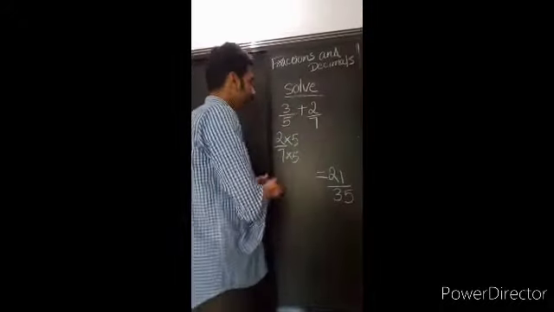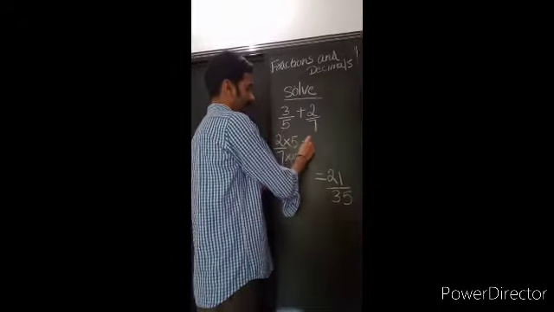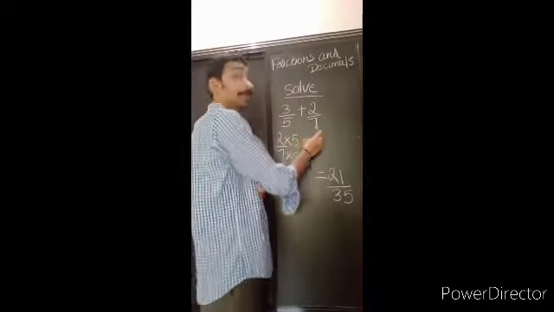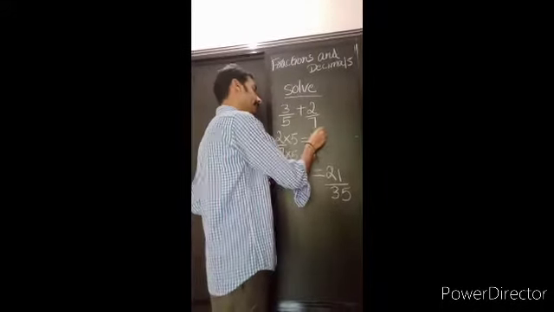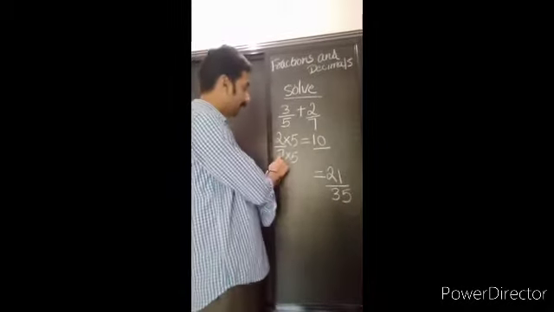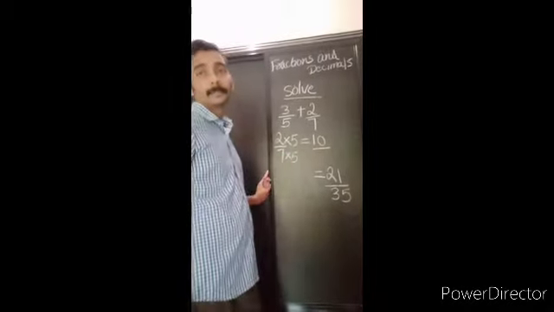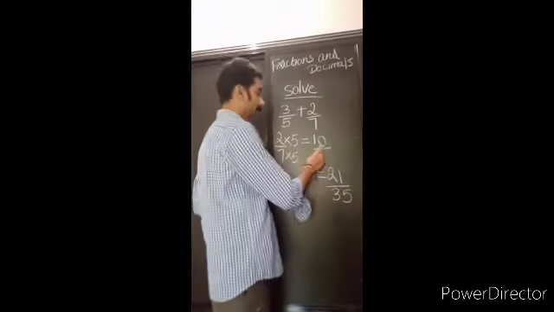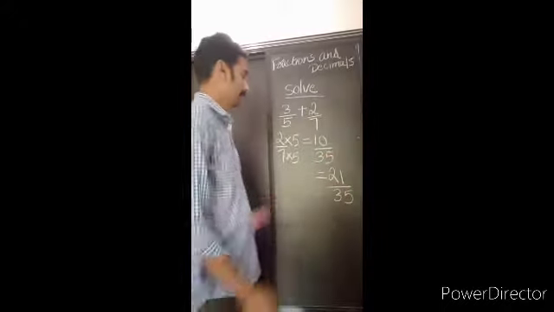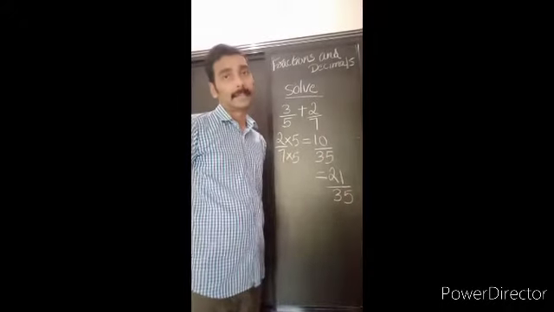Then 2 into 5, 10, over 7 into 5, that is 35.